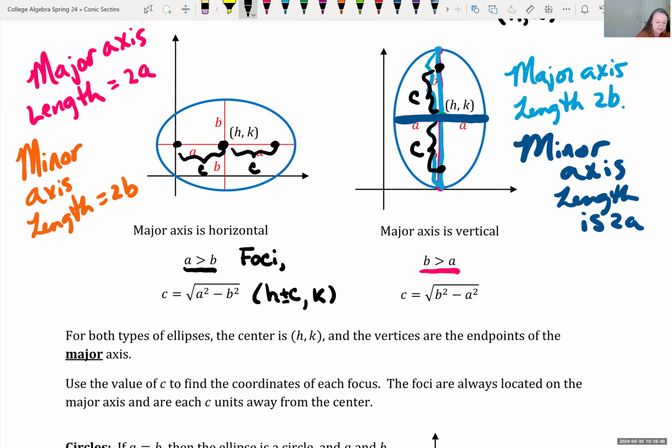The y value stays the same, but my x value changes either left or right c units from the center. In this other case, I can find my foci by either adding c or subtracting c from the y value. So the foci occur at h comma k plus or minus c.